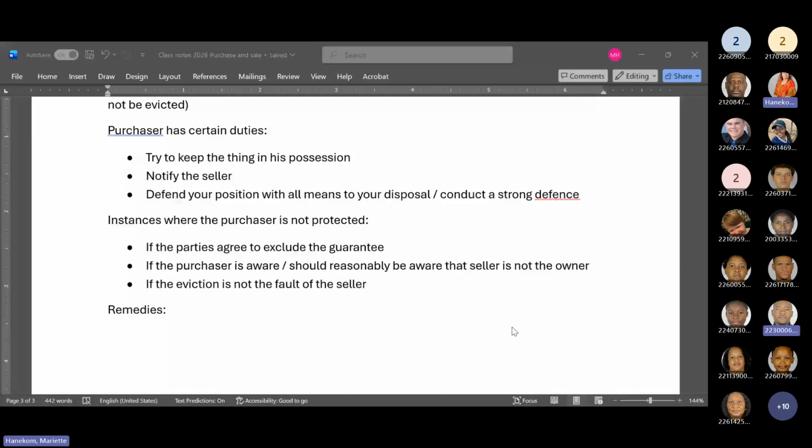The seller has a duty. He doesn't do what he's supposed to do. It is breach of contract. The contract doesn't suddenly fall away or become void or whatever. It is breach of contract, people. Units 2 to 7, contracts, law of contracts.